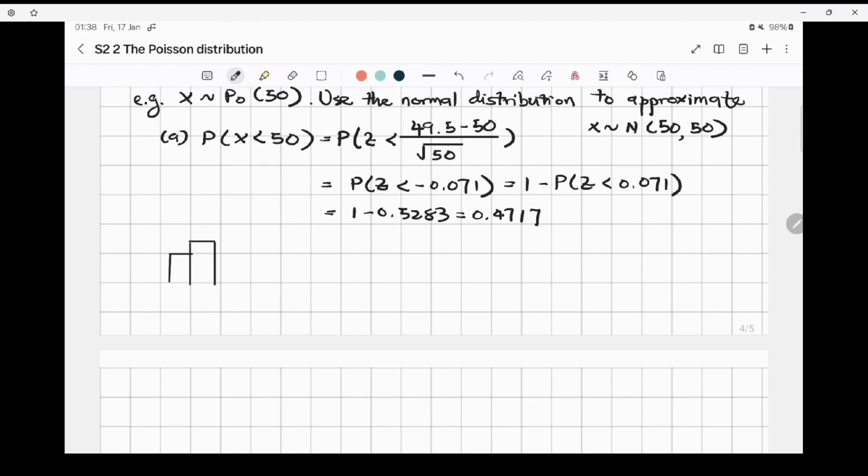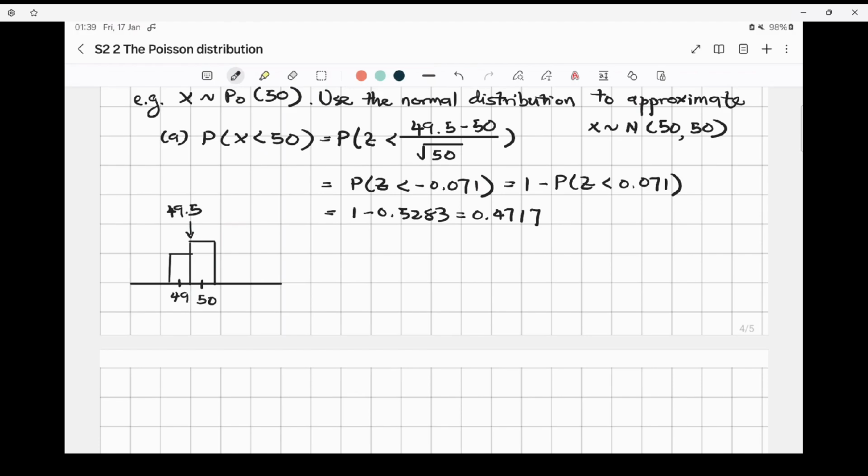Sorry, I should begin with 50, here is 50, here's 49. In order to avoid the number 50, you must take, so 50 is at the middle of this bar, so this particular value will be 49.5. That's the reason for the continuity correction. Roughly the idea is that you want to avoid the number 50 for this particular case, which is why you take 49.5 for your continuity correction.